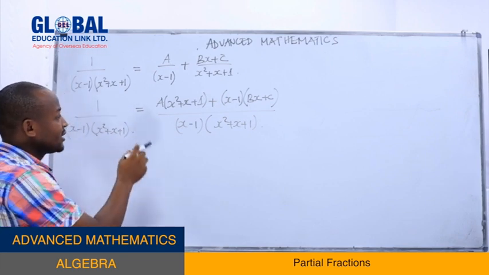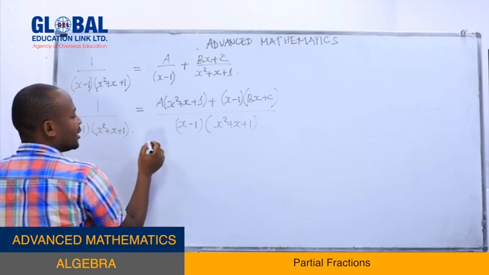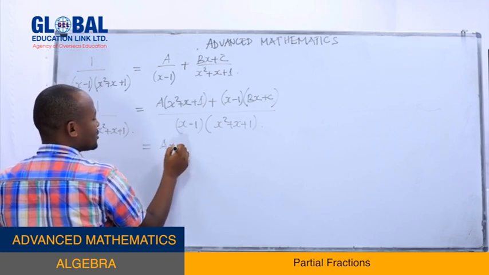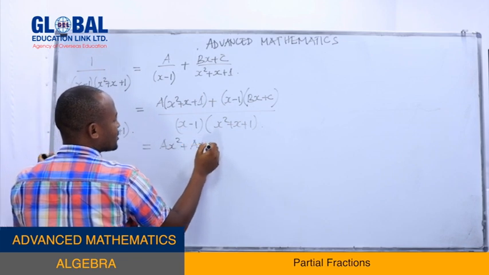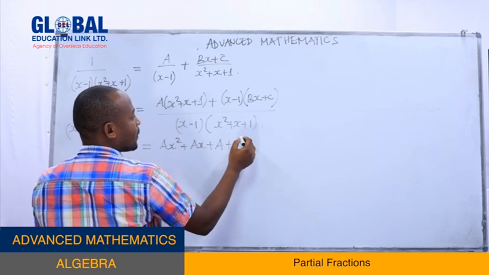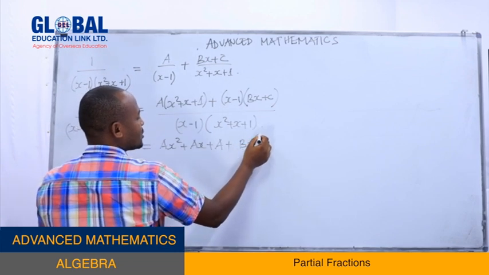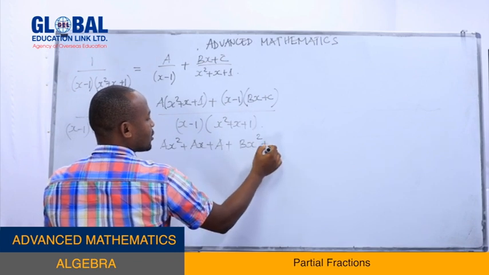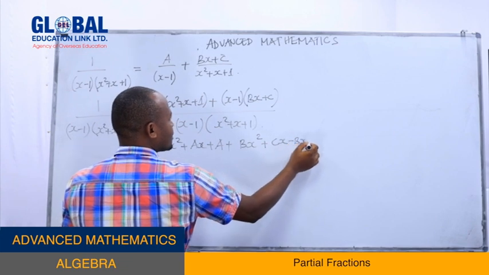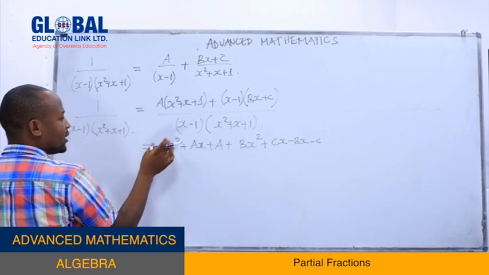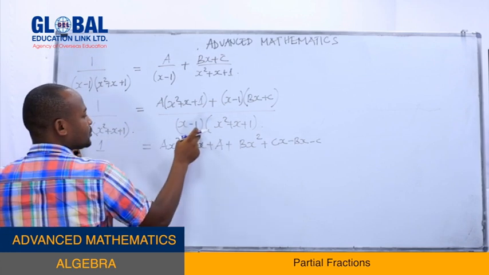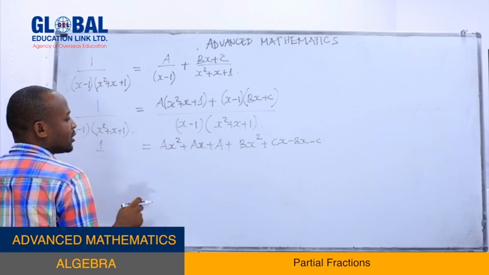So let's open the brackets and then we find the value of a, b, and c as we are supposed to. That means it will be ax square plus ax plus a, then plus bx square plus cx minus bx minus c, and all of that is equated to 1, because the denominator will go.